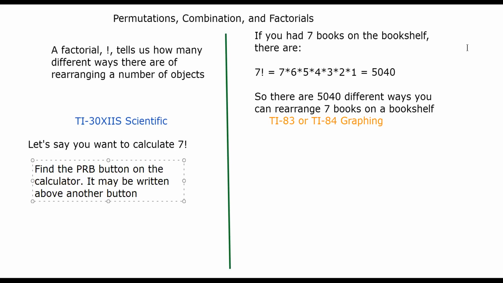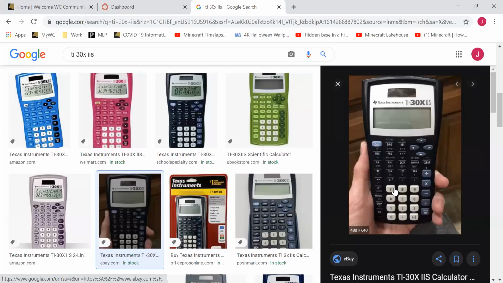Oh, nope, it looks like there's just one straight up on there. Very good. So here's a nice picture of the TI-30X2S calculator. Here's your PRB button. So you're going to use that button, but don't press it just yet.